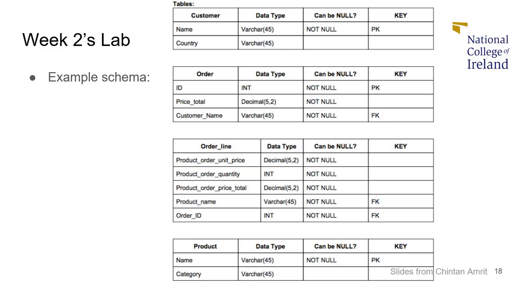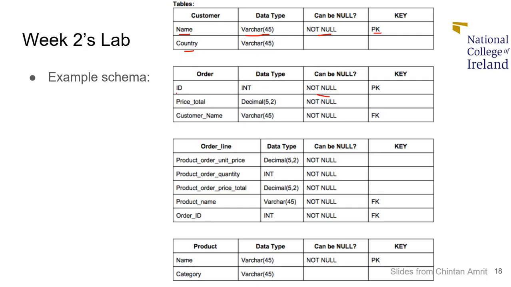So this was an example of the schema you were supposed to do. Some of you did, some of you did not. So for customer, we have customer name and country. Data type will be varchar, strings, basically. Cannot be null, and we set name as primary key.